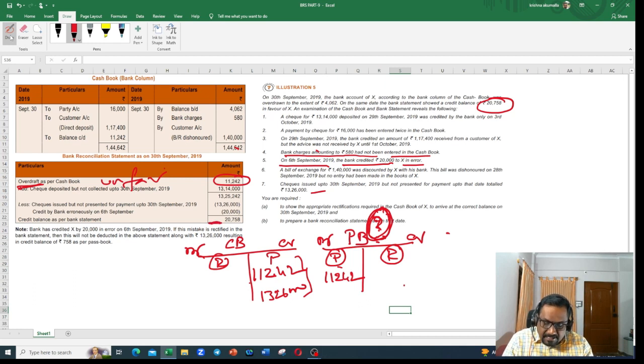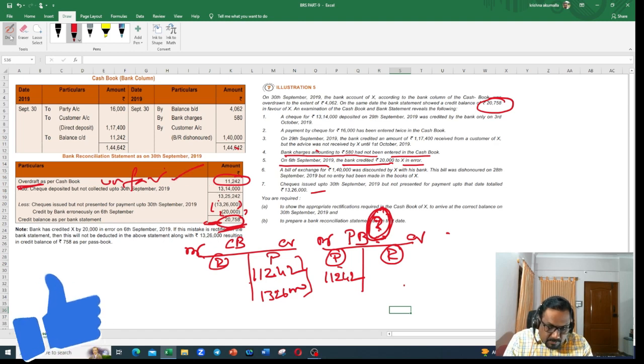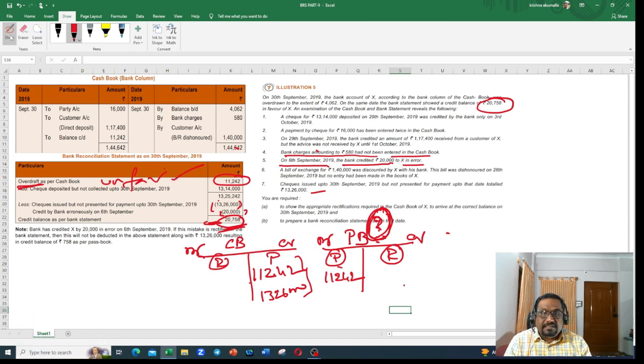It is coming as negative balance because they kept a minus here, and you are not seeing that 20,758. So actually this 13 lakhs 25,000 minus 13 lakhs 26,000 minus 20,000 is coming to 20,758 minus value. Whenever you get a minus value here, that means unfavorable has become favorable balance.